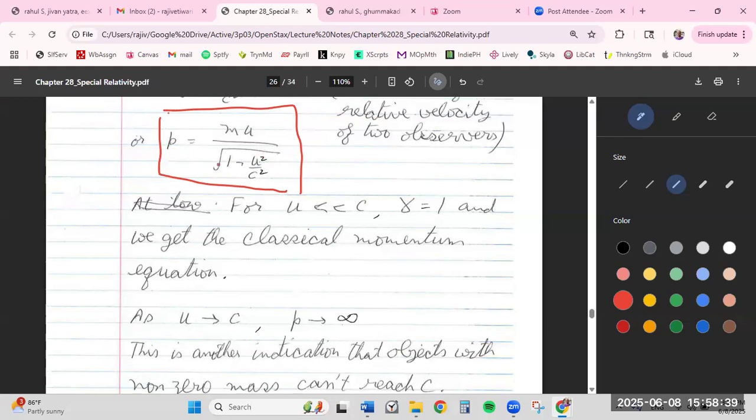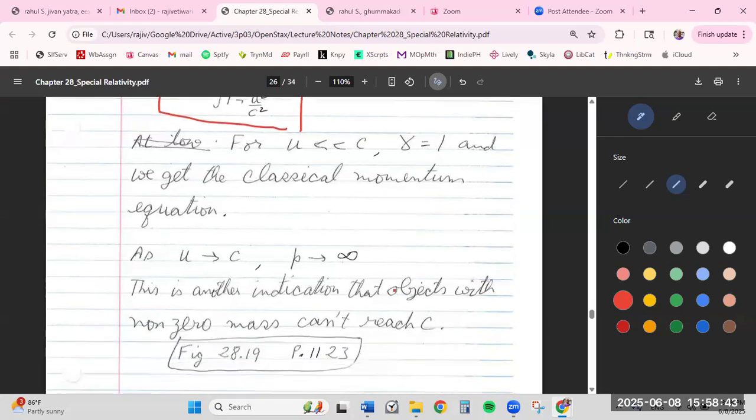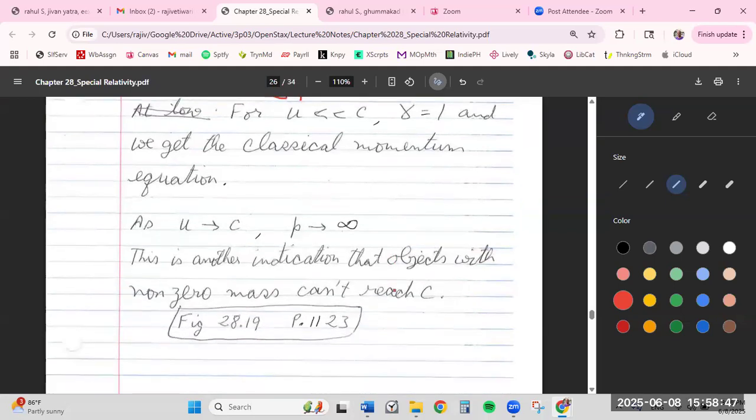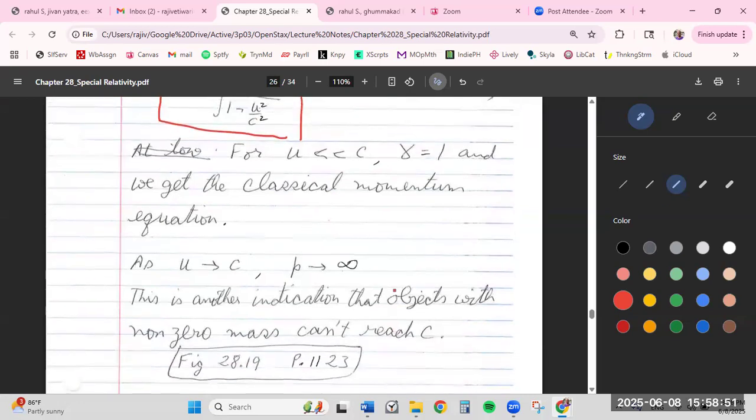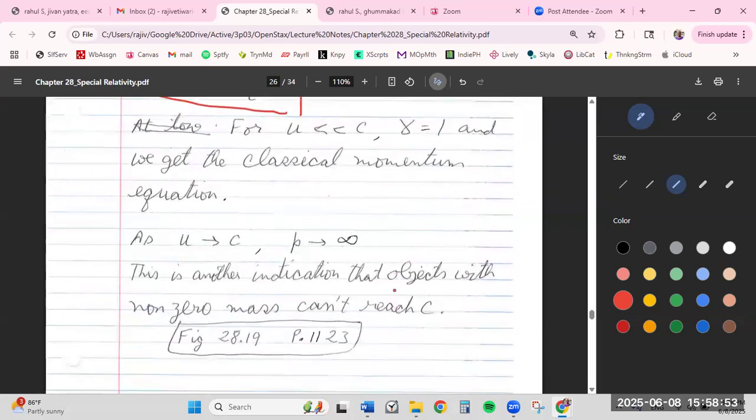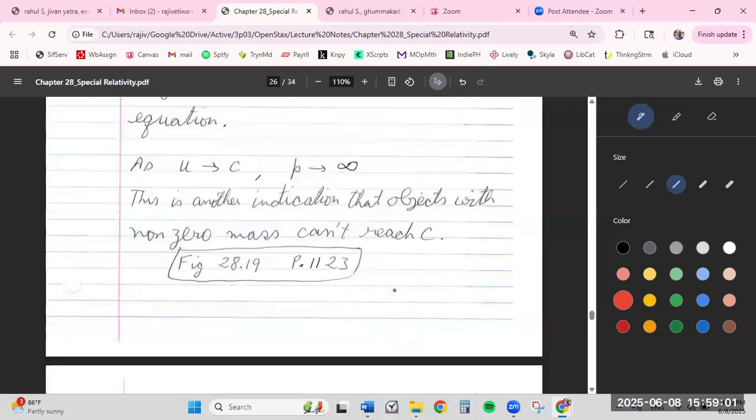And when you divide something by 0, you're basically making it infinitely large. And this is another indication that objects with non-zero mass cannot reach c. You can't have infinite momentum, and so no particle can move with the speed of light.